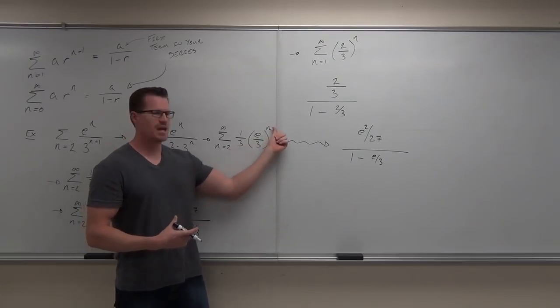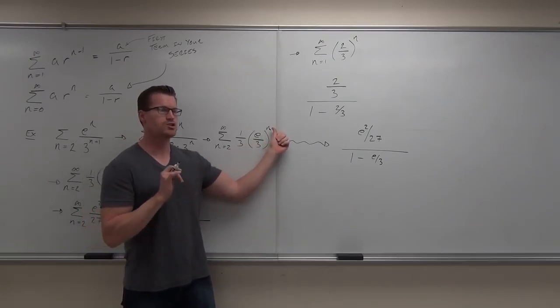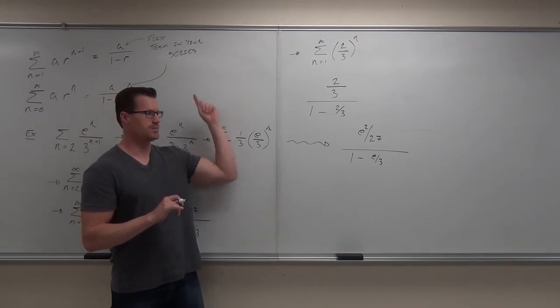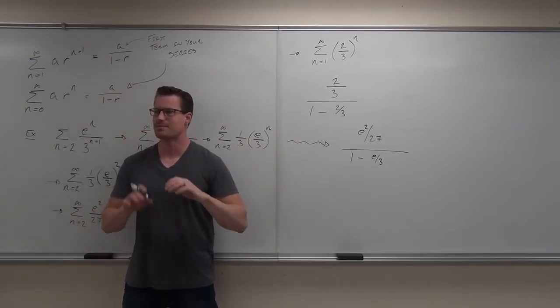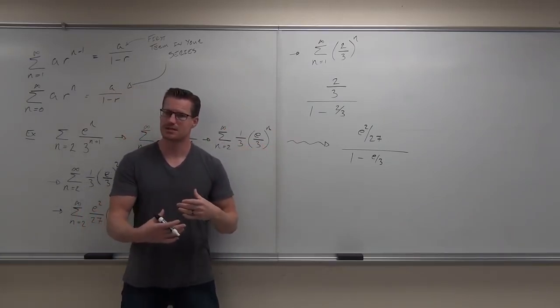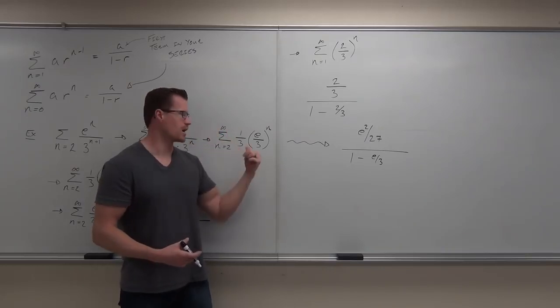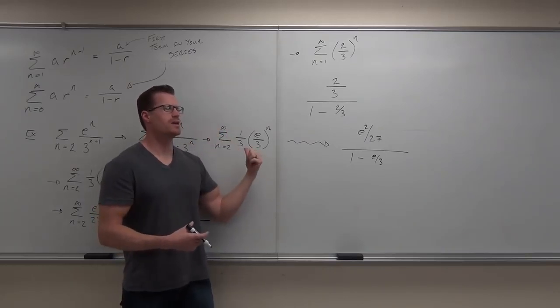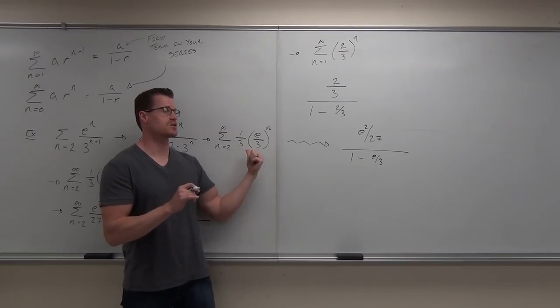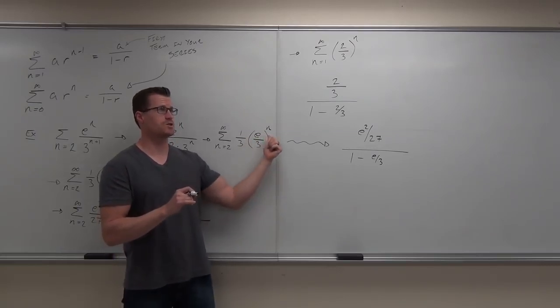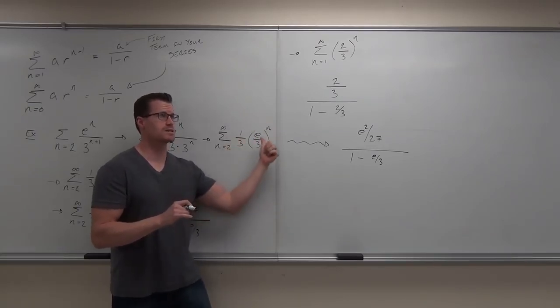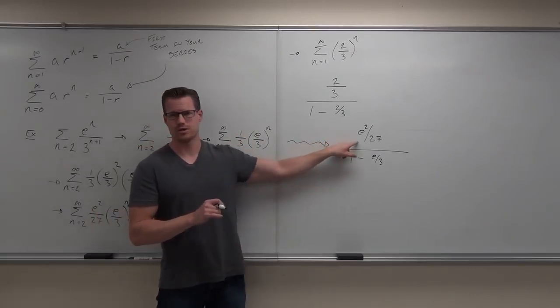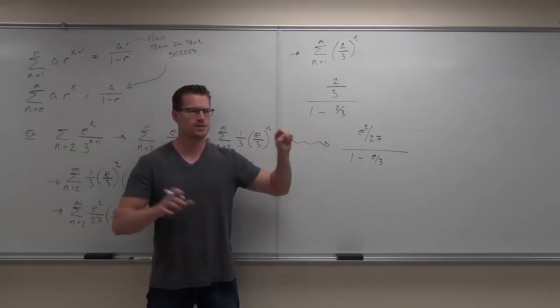This has to be an n minus 2 for you to legitimately use that formula. It's got to match up your power with your index. It must. If it doesn't, then you have to think harder. You think, okay, A is really just my first term of my series, so if I plug in my first index of 2, the first term of my series is not 1/3, it's e squared over 27. That's the idea. Does that make sense to you?